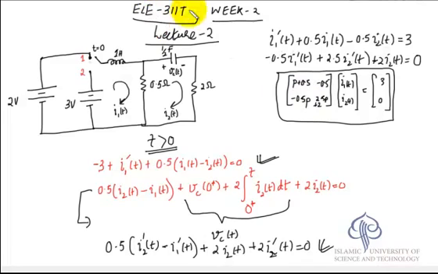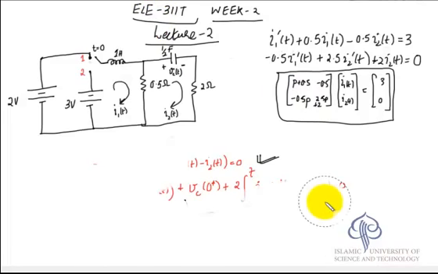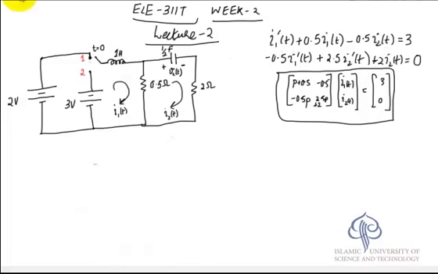But to solve the differential equation, you need to find the initial conditions for both the currents. You need to find the initial condition for I1t, and for I2t, in the sense that you need I1 0 plus, I1 dash 0 plus, and you need I2 0 plus and I2 dash 0 plus.